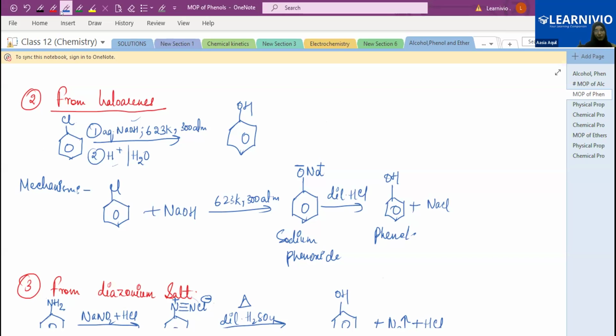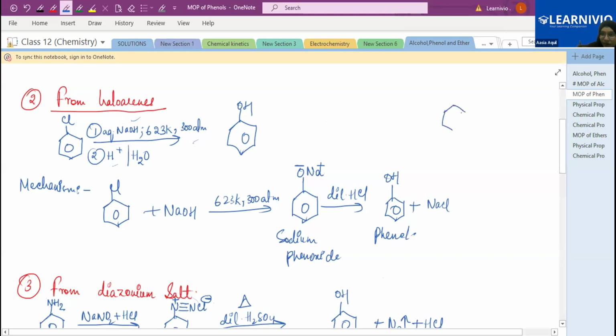So the conversion of haloarenes, when you treat it with aqueous sodium hydroxide at a high temperature and high pressure, because nucleophilic substitution reaction in haloarenes is not easily possible. Why? Due to the partial double bond between the halogen and the carbon, so that bond is very difficult to break.